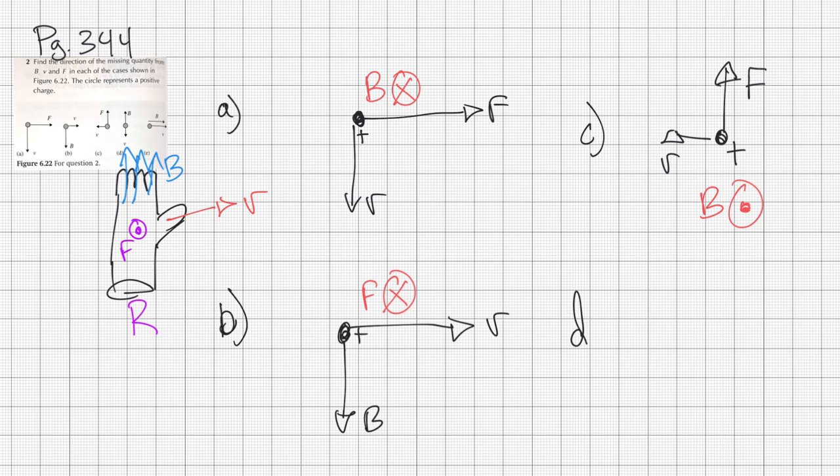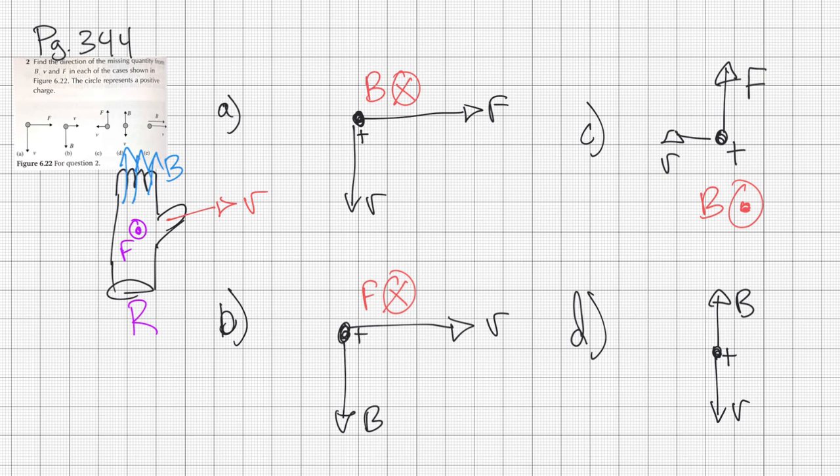For D, we're going to have, again, a positive charge here, magnetic field up, a velocity down, and in this case, this is going to be impossible, right? There's no way I can have my fingers point straight up and my thumb point straight down. A few people can when they have a double or triple jointed thumb, but for most people, it's going to be impossible for our fingers to point up and our thumb to point straight back down.